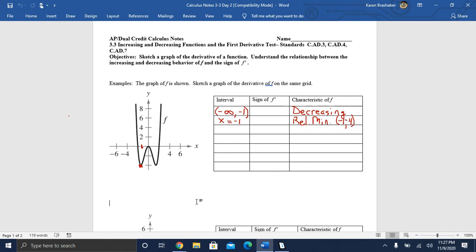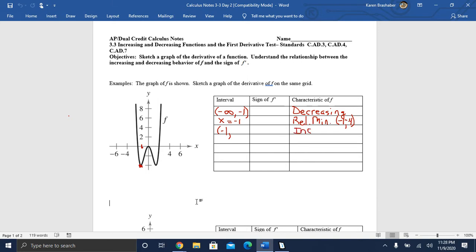All right, and then I would go to the next section. I see that the graph is increasing. So I'm going to go from x equals -1 to my next place that it would stop increasing.